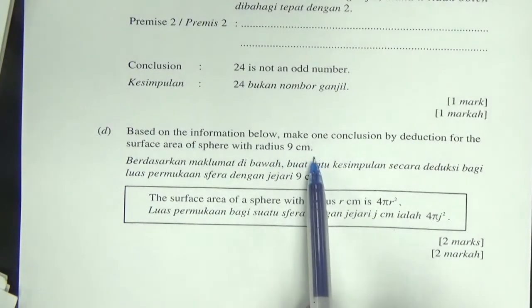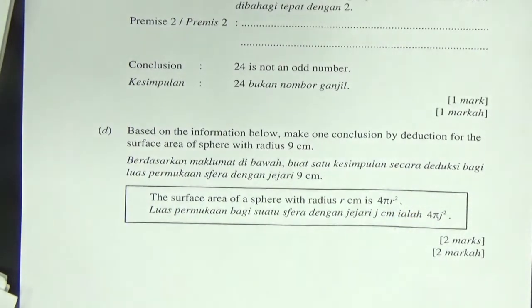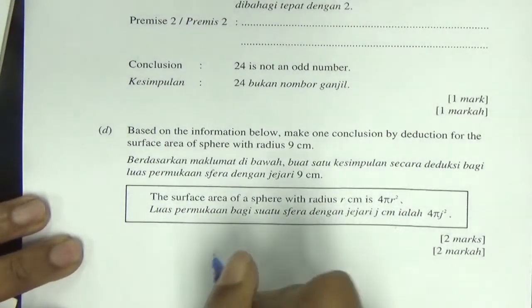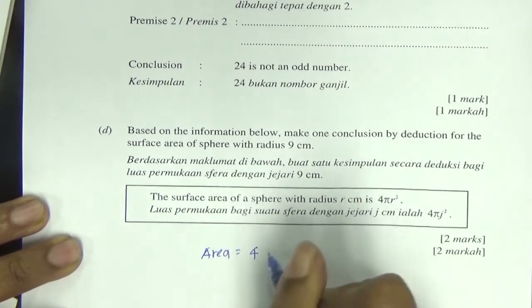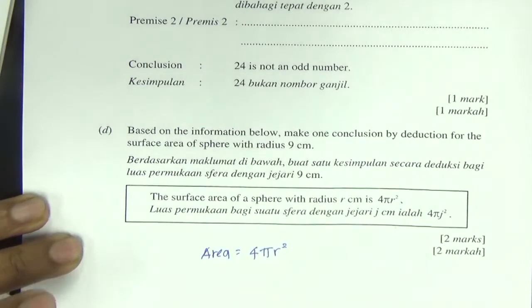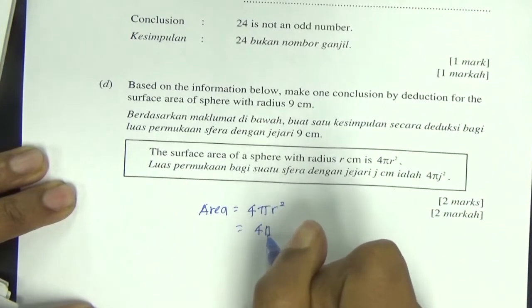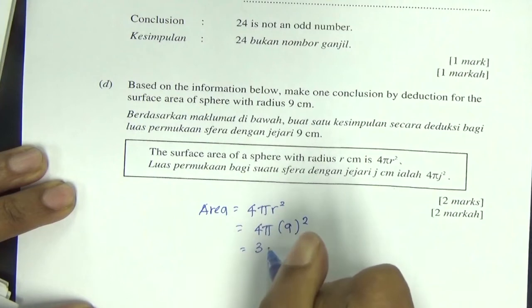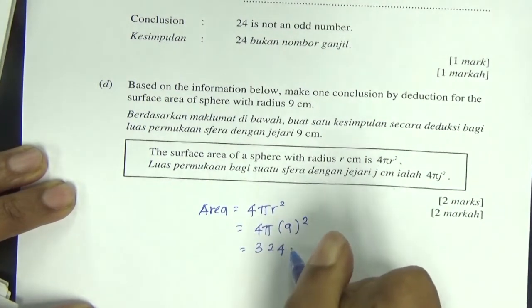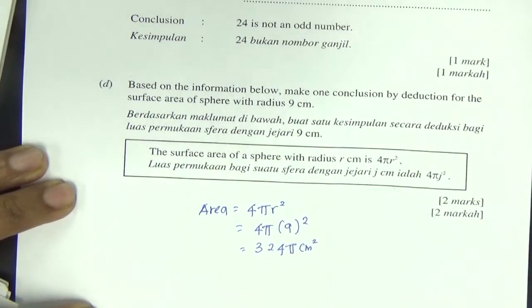So we can substitute the value into the formula given. So the area is 4 pi r square.